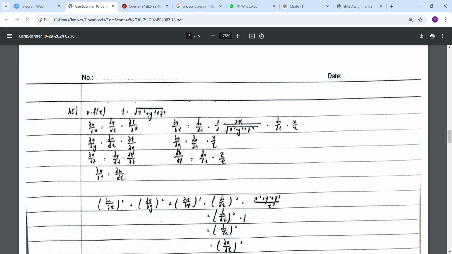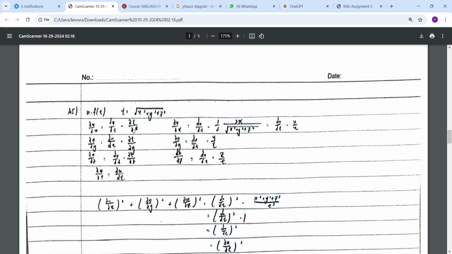Because we don't know the value of u, for all the ∂u over ∂t, we will keep it as a constant in the form of ∂u/∂t. Because we have already been given t equal to the square root of x squared plus y squared plus z squared, we can differentiate to find the derivatives of t.